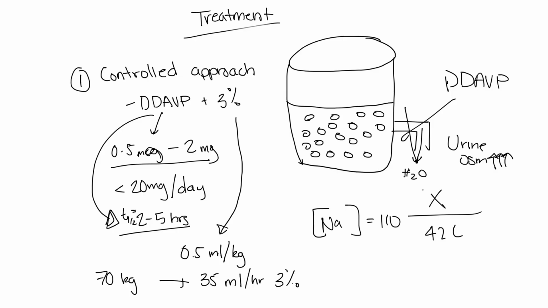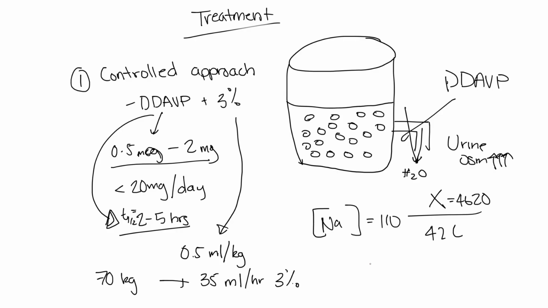We can calculate X, all right? X comes out to something, let me just quickly do the math. Comes out to 4620, right? In a 24-hour period, this patient is going to get 840 cc's of 3% saline.